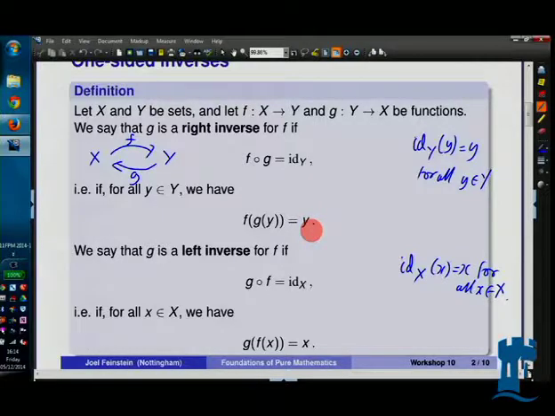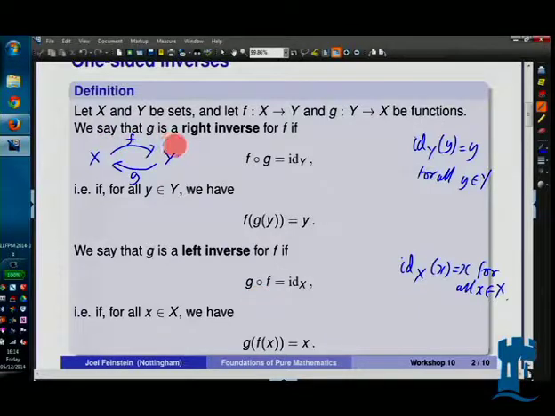But it doesn't force you to be a bijection, and it doesn't force them to be inverses of each other, because you don't say anything about G of F of x. You don't say what happens to G of F of x. So the other bit that you would need if you wanted G to be the inverse function is for G to be a left inverse, that's the one where G of F of x is equal to x, or G composed with F, which means do F first.